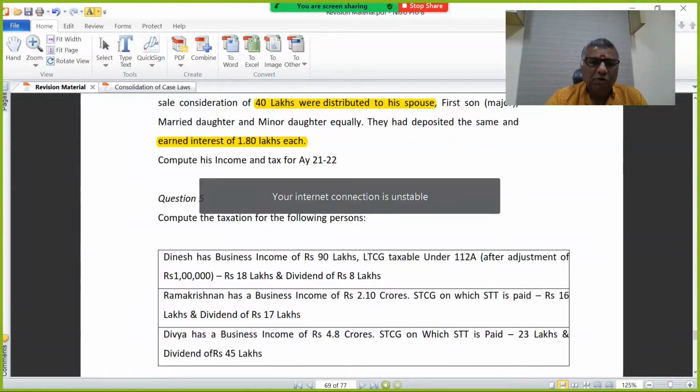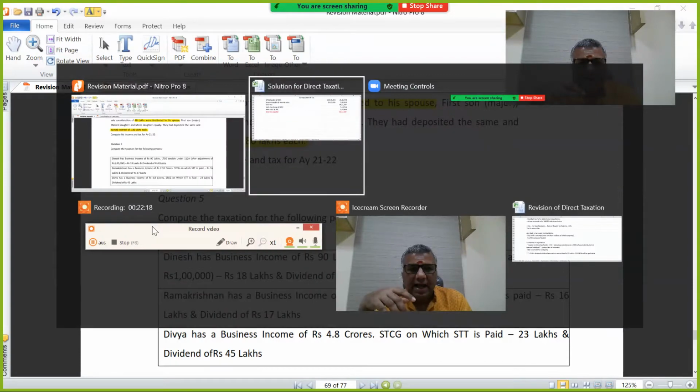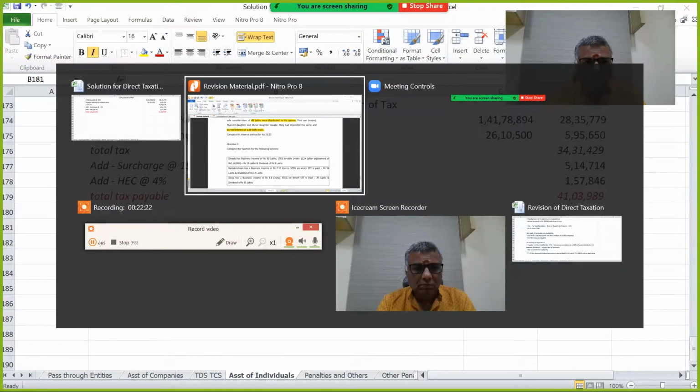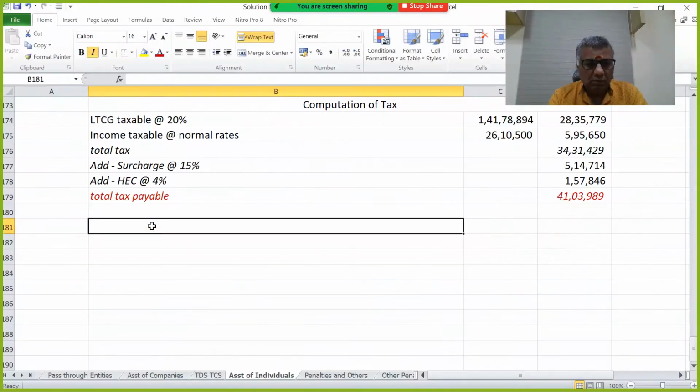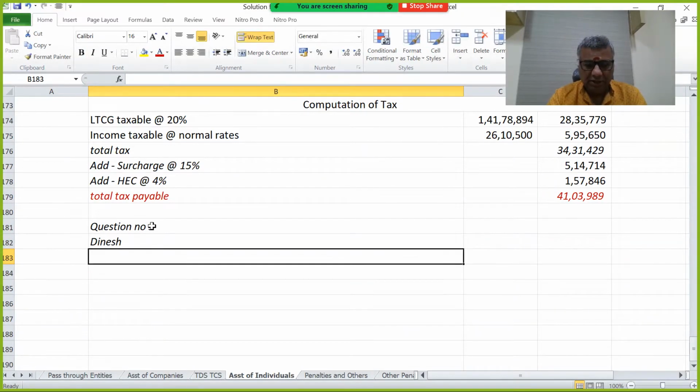Question number 5. Compute the taxation in the following cases. Dinesh has business income 90 lakhs, LTCG after adjustment of 1 lakh 18 lakhs and dividend income 8 lakhs. First we'll work for Dinesh.